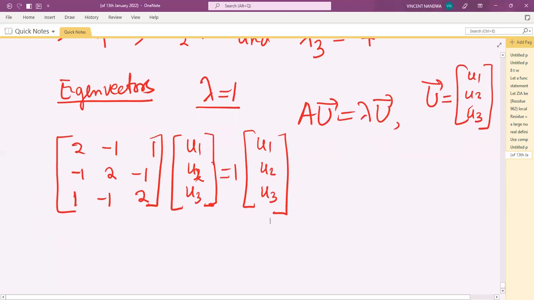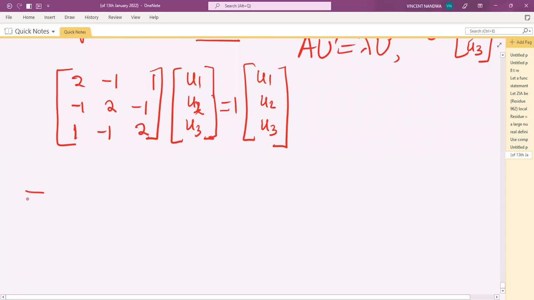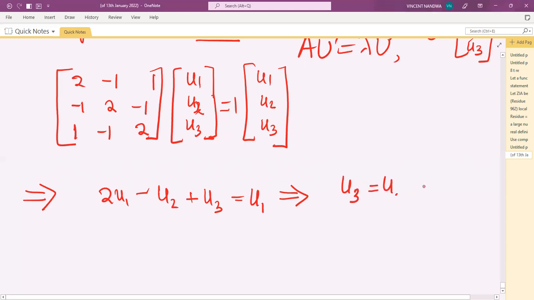Now, with this, we'll have 2U1 minus U2 plus U3 equals U1, which implies U3 is the same as U2 minus U1. Call this equation 1.